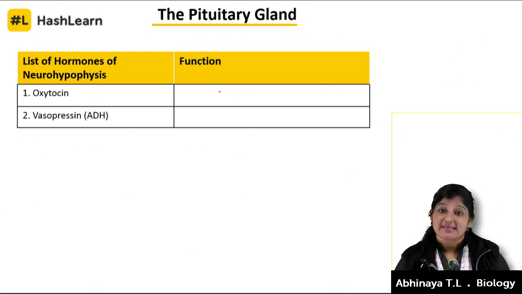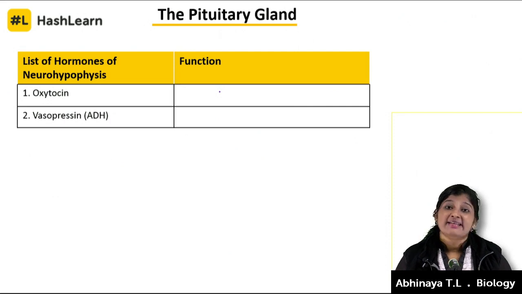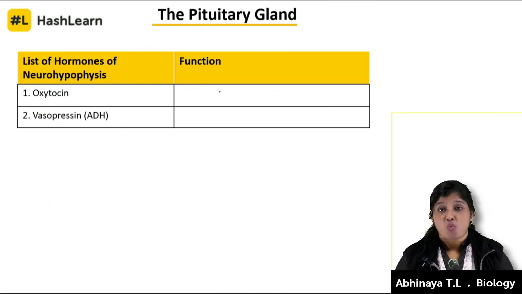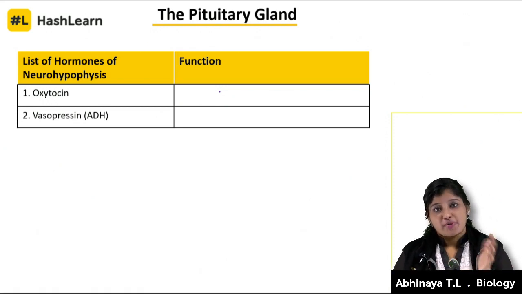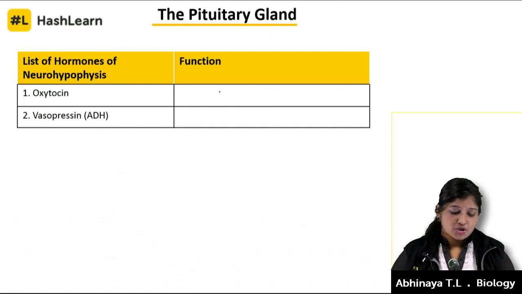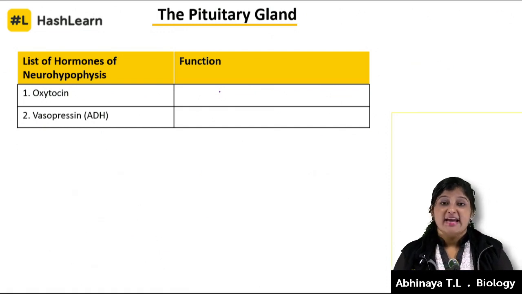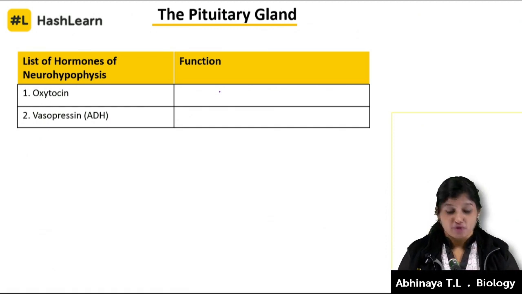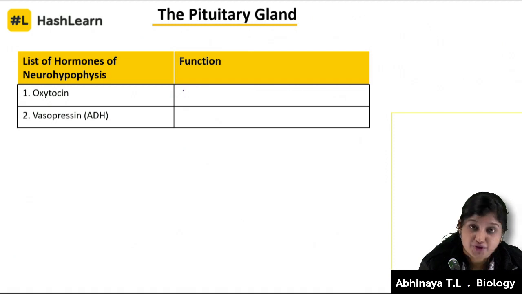Then vasopressin is called antidiuretic hormone, because it works on resorption of water and electrolytes from the distal part of the kidney. We know what the distal part is, we know the proximal and distal tubules, right? So this hormone helps in resorption of water and electrolytes, so that there's no excessive loss of water through urine. I'll just write here the short forms.